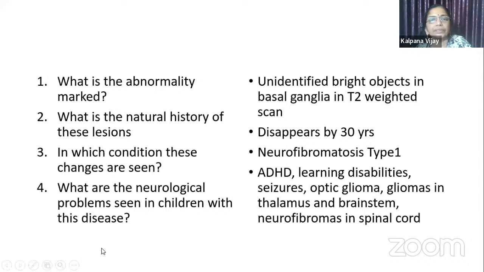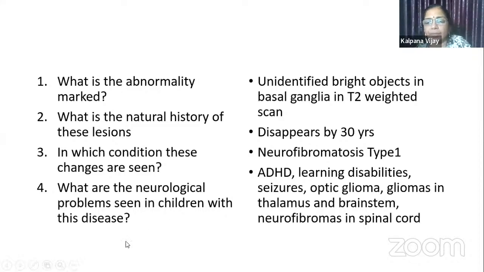This is the question that I have to ask. Somebody wanted to see this. So what is the abnormality? Unidentified bright objects in the basal ganglia on a T2 weighted scan. It disappears by 30 years. The diagnosis is neurofibromatosis type 1. You can have ADHD, learning disabilities, and seizures in about 8 to 10%.